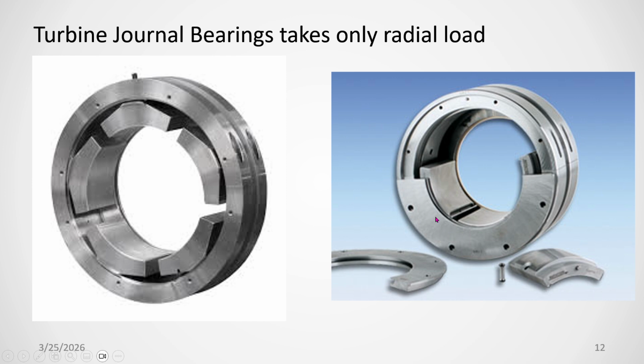If you are not using this seal, then oil will come directly outside. So that's why the seal has been provided, and the journal clearance is maintained small, so that this particular portion will always be filled with oil. The rest will go to the drain.